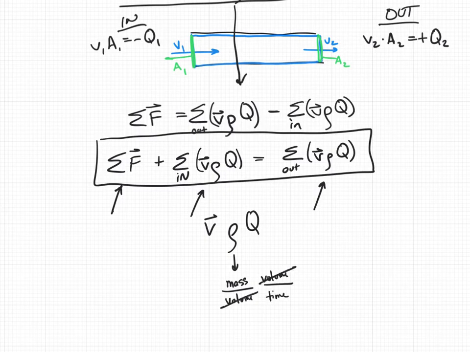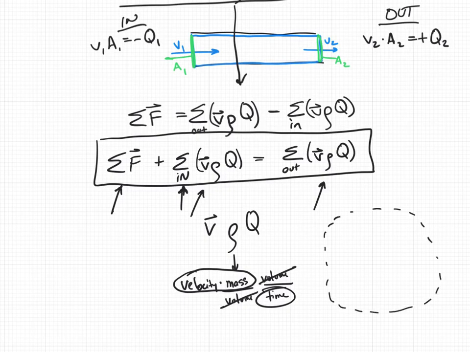Those volumes cancel, and I get mass per time. Now I multiply that times velocity, so I've got velocity times mass, which is momentum per time crossing into the control volume. Remember, this in implies that it is crossing the control volume. So this is my control volume.